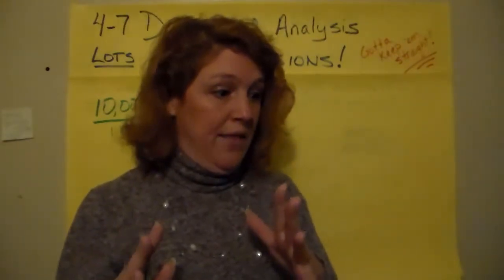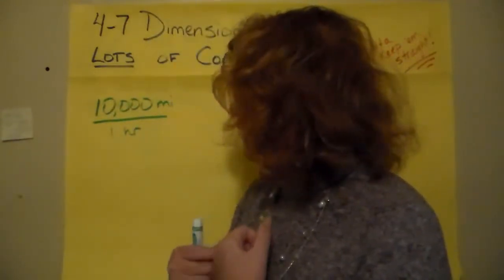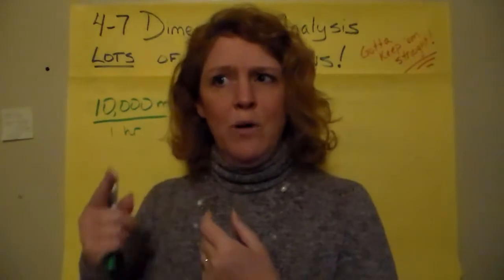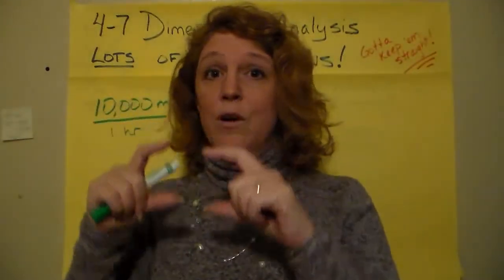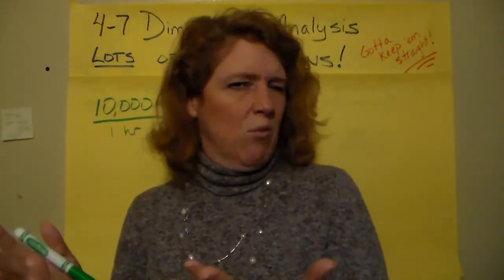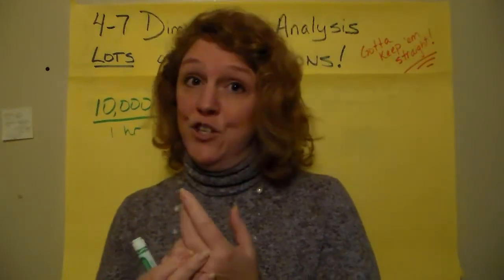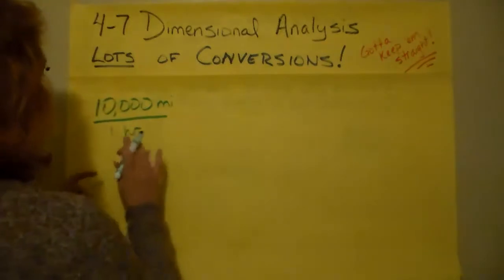I know that if my denominator is an hour and my numerator is an hour, then that's a number over a number, and they're the same thing, and so that equals 1, right? But I don't have to have them both exactly say an hour.